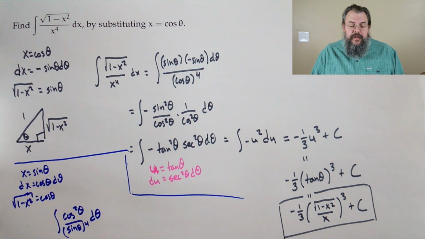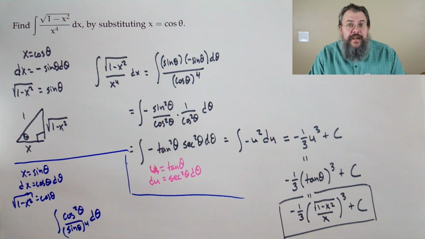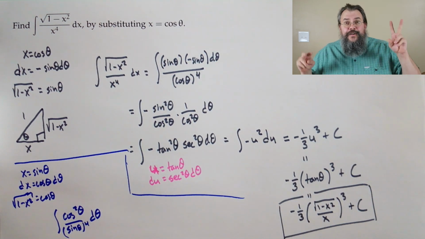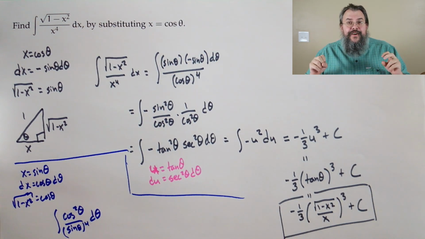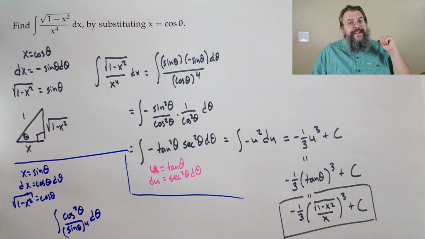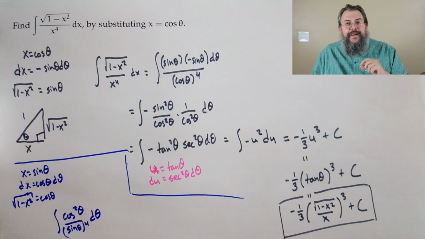As a general rule of thumb, if you're ever doing a substitution and you get to a point in saying, oh man, these are terrible functions to work with, but if I could change the co-status, in other words, I don't like working with cosecants and cotangents, well, go back to where you started at the substitution and say, let me flip. So instead of sine, let me go to cosine.